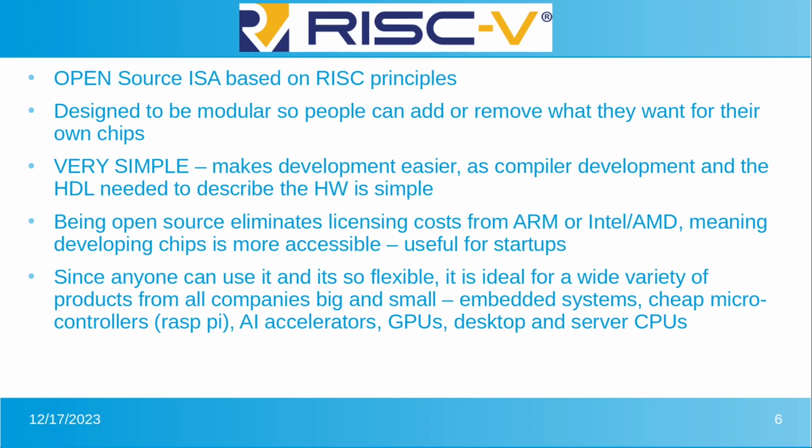And since anyone can use it and it's so flexible, it's ideal for a wide variety of products. Big and small companies can use it. So embedded systems, microcontrollers, things like the Raspberry Pi Pico that are so cheap, you can make them even cheaper by using open source instruction sets for it. AI accelerator chips are probably going to be a lot more common in the coming years as AI is getting bigger.